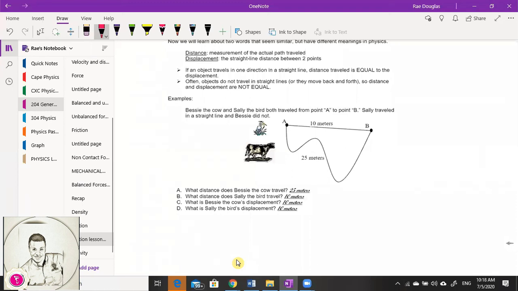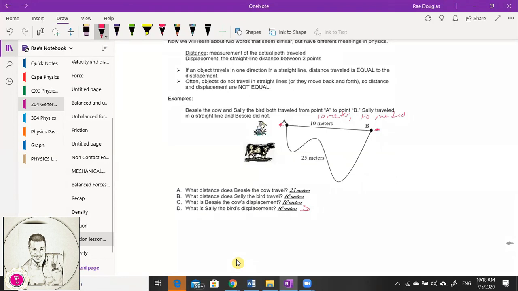10 meters. Yes, but you see the answer on my screen. The same thing would apply for Sally, because Sally is coming from the same position, right here, and both of them are going in the same direction. We agreed that Sally's distance is 10 meters, and we just agreed a while ago that Sally's displacement is also 10 meters.